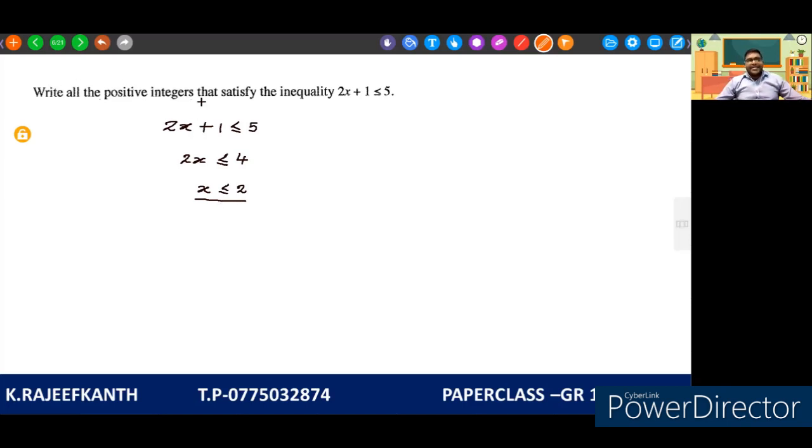But there is a condition: write all the positive integers. We know that integers can be negative values, 0, and positive values. Right? If it is positive integers, we have to write only the positive values.